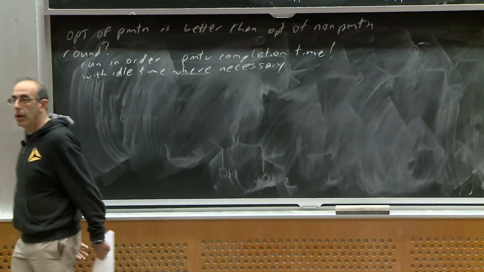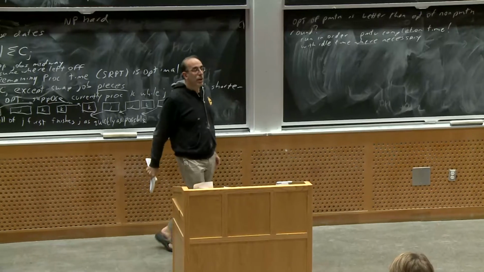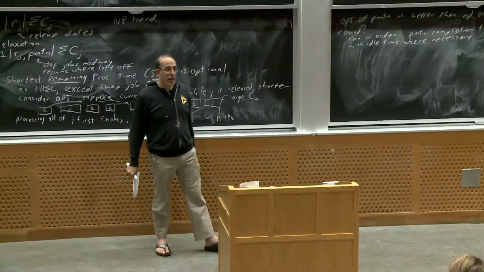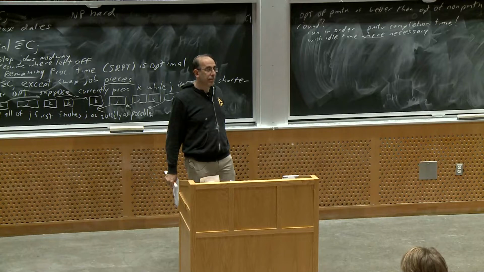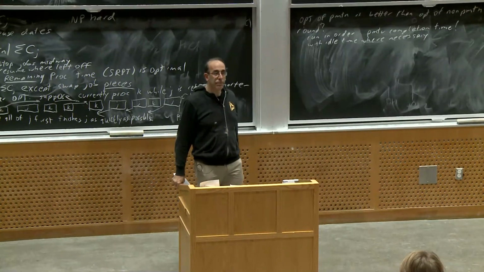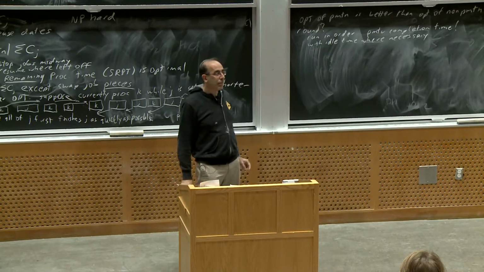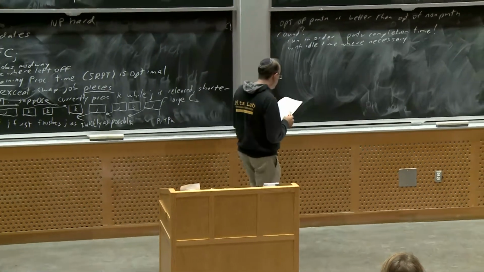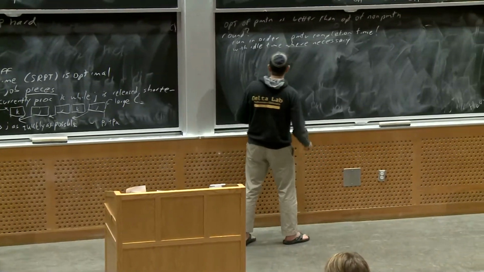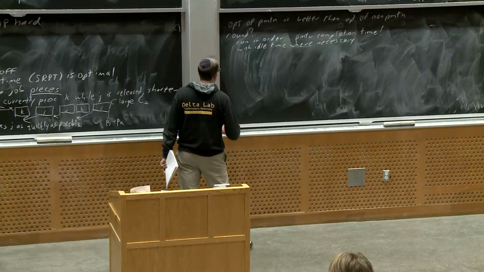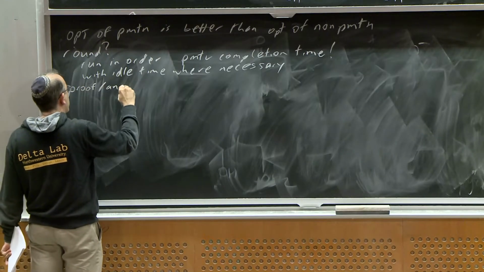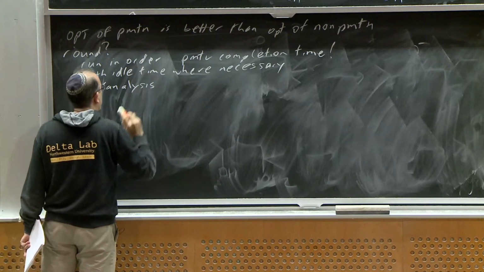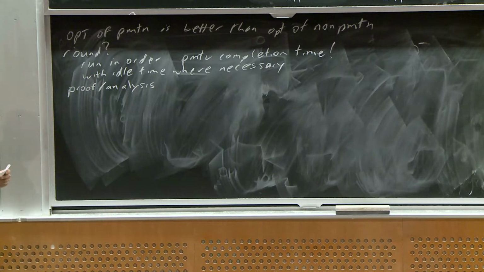So if your preemptive order says to run job 5 and job 5 is not yet available, you just wait until it is. Okay? So now we have to prove that this works, and the proof is really quite elegant, which is also the analysis that tells us how well it does.